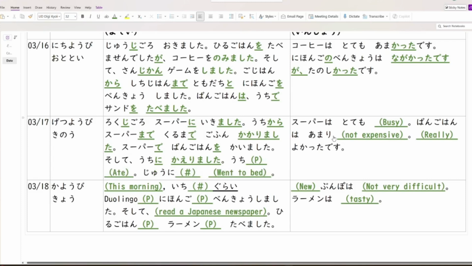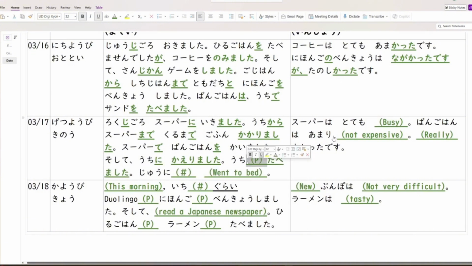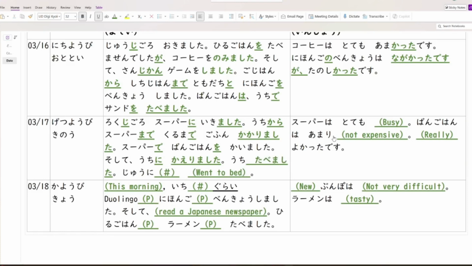Uchi. Oh, we ate. Tabemashita. Yeah, this one will be 食べました。And we need a particle here. Is this wa? No, because you ate at home, right?